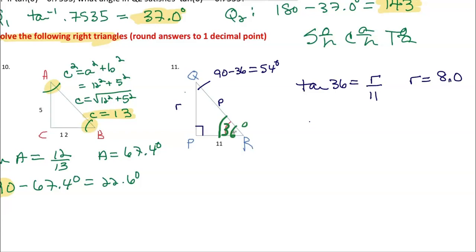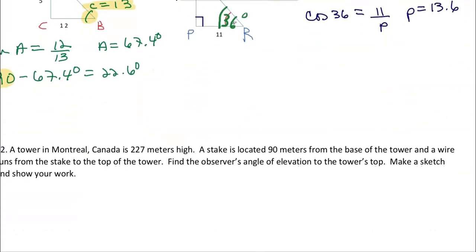Okay, the next one I did, cosine of 36 is going to be 11 over p. And my p ends up being 13.6 after doing cross products. Notice I don't have degree symbols on them because they are not degrees. They are your side lengths.